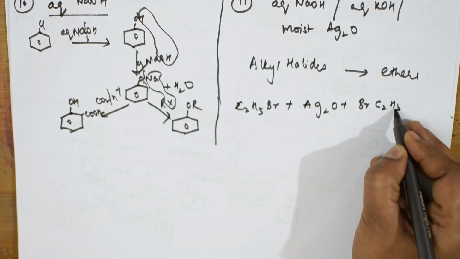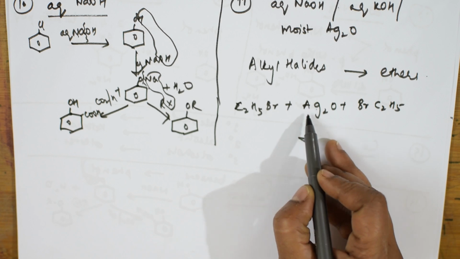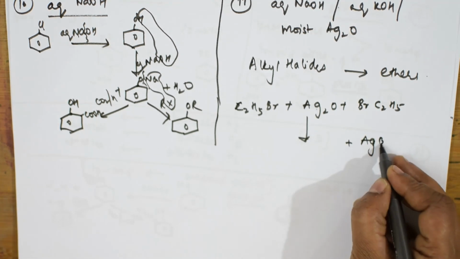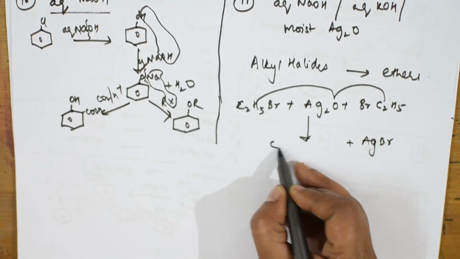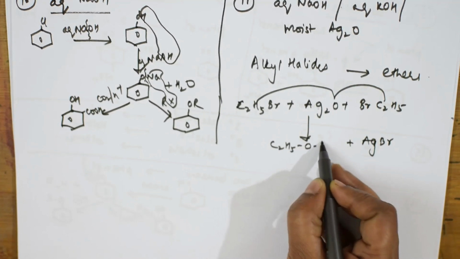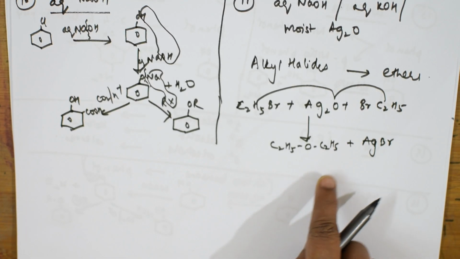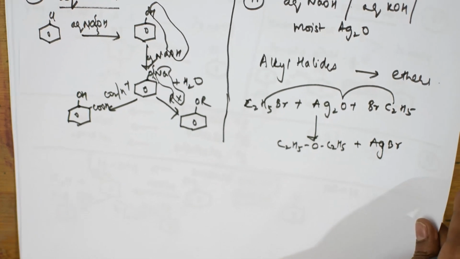I am taking basically 2 moles of this. See here, Ag 2 moles and this Br comes out as AgBr. What is left? These two along with this link to form an ether, a symmetrical ether, diethyl ether, isn't it? Yes.